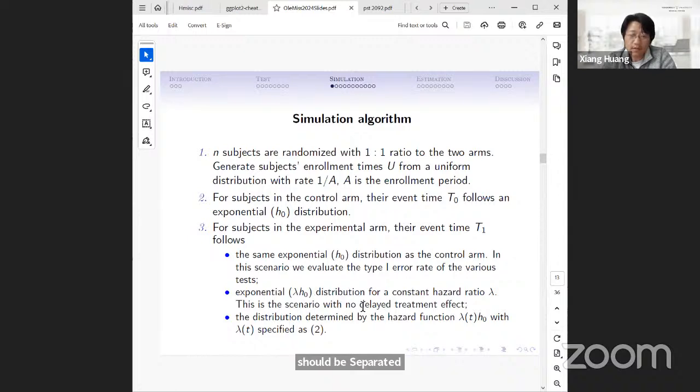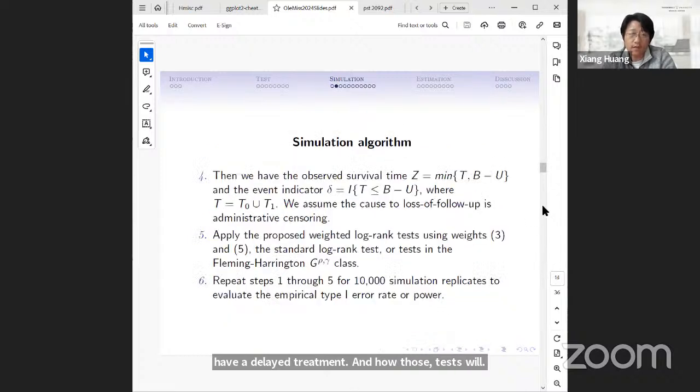Then further, we can design a lambda t times h norm for the experimental arm. In that case there will be a delayed treatment effect, and we compare how those tests perform.